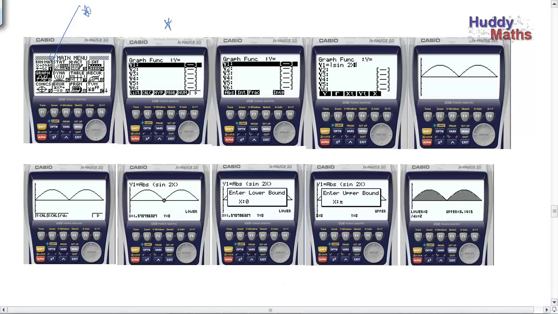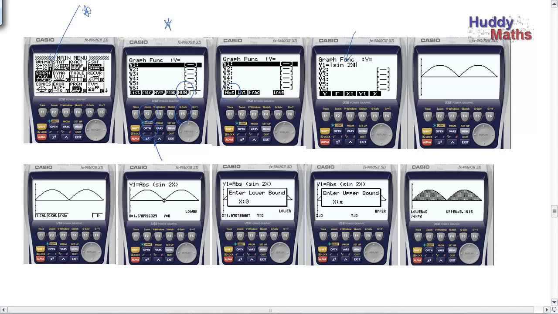So you go to options, which is F2. If you do that, you get this screen here, number. So you have to hit number this time in graph mode, and that's F5, and you get abs sitting in there.